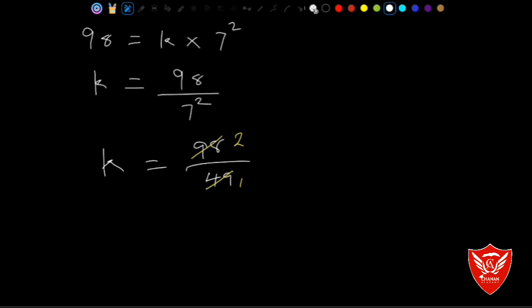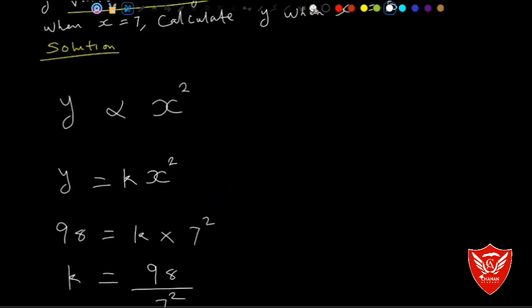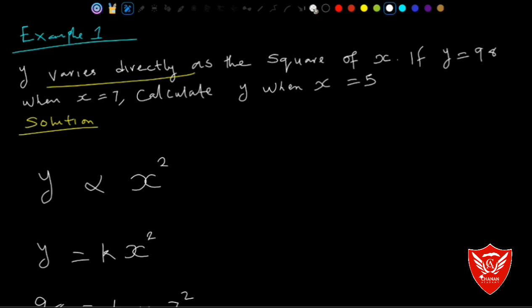So our K is equal to 2. Now look at the question. It said X is equal to 5. What is Y? So let's do that here. Y is equal to K multiplied by the square of X.